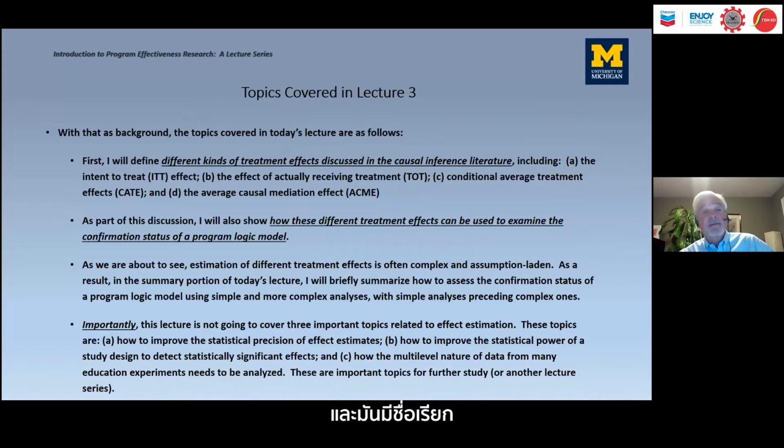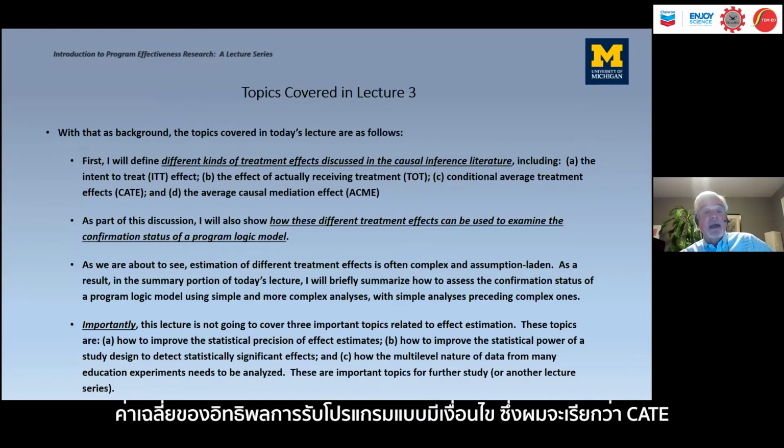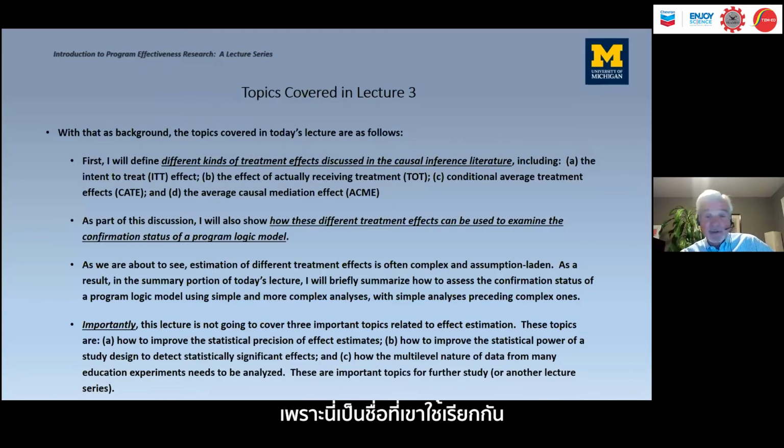These have names: the intent to treat effect, the effect of actually receiving treatment, which I'm going to call the effect of treatment on the treated, conditional average effects, which I will call CATE, and the average causal mediation effect, which I'm going to call ACME, because these are the terms that get used.